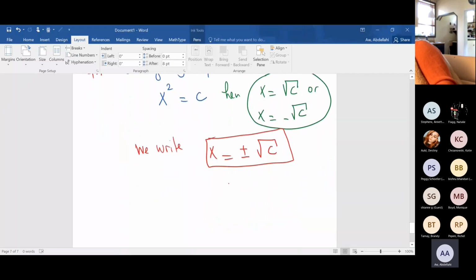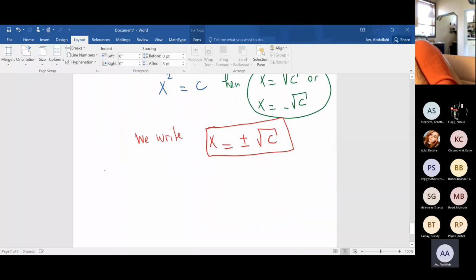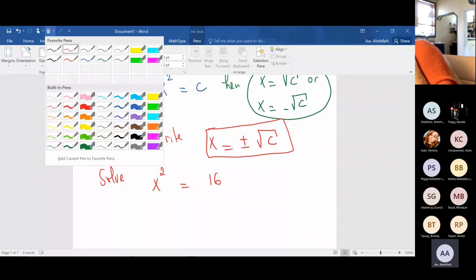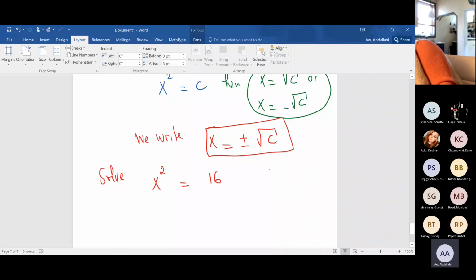So, for instance, if I say solve x squared is equal to 16, what do I do? I have the x squared by itself. I'm going to apply square root on both sides. Which I do, square root.